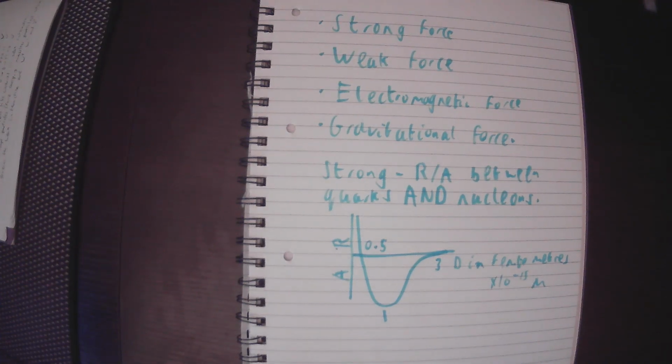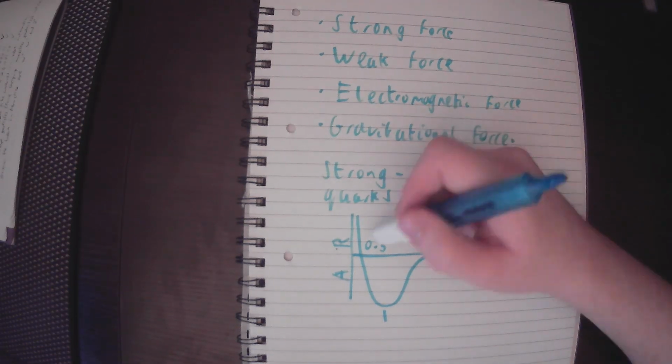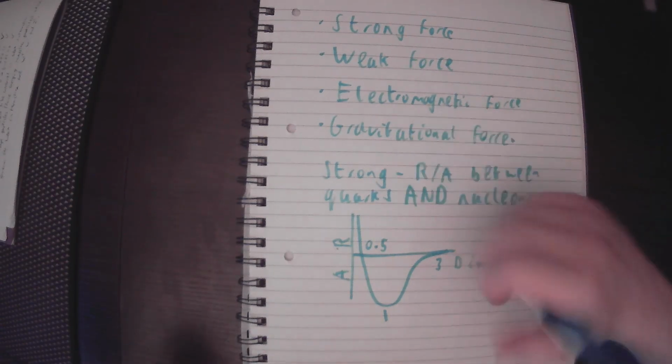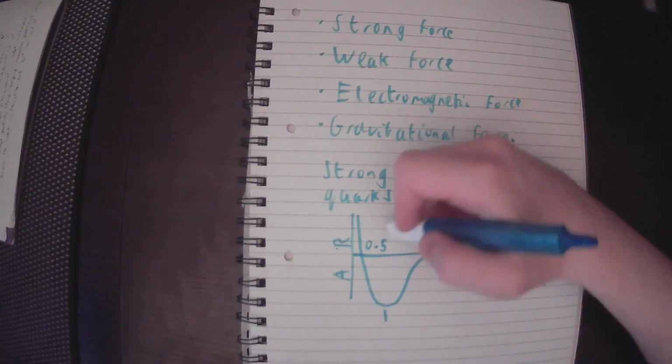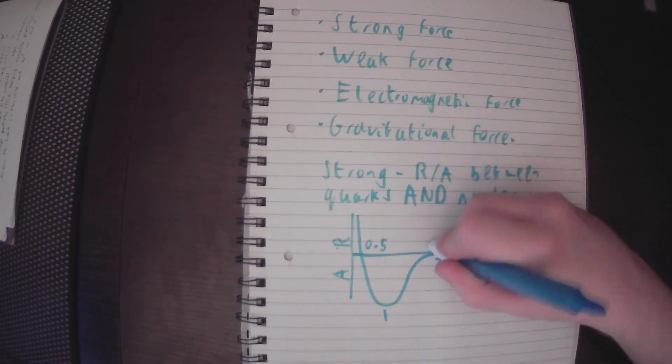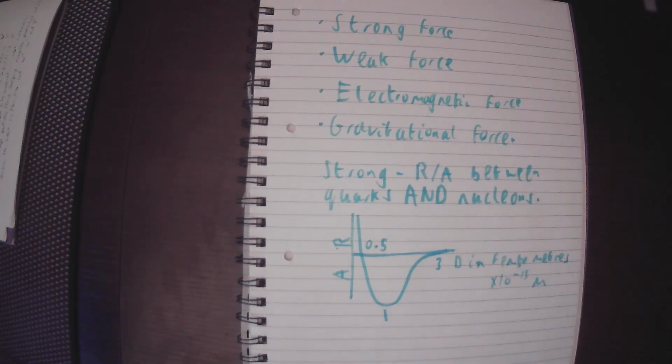So if you ever get an exam question asking you about repulsion or attraction due to any of the fundamental forces, and it asks you to name the fundamental forces, then you are expected to recognize that it can repulse things below 0.5 femtometers, and it will attract things between 0.5 and 3, and it will do nothing after 3 femtometers because it has a range.